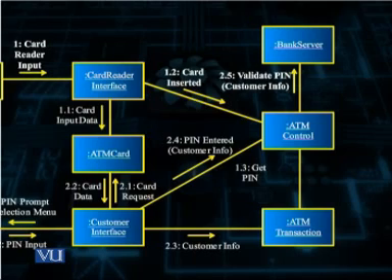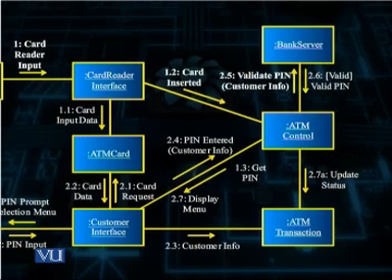But in this case, we consider the regular flow of control, and we see that the message valid PIN has been sent back, that the PIN has been validated by the bank server, and this message comes into the ATM control, which then sends a message to the ATM transaction to update the transaction, and also to the customer interface, where it basically tells the customer to select the transaction that it is going to perform.